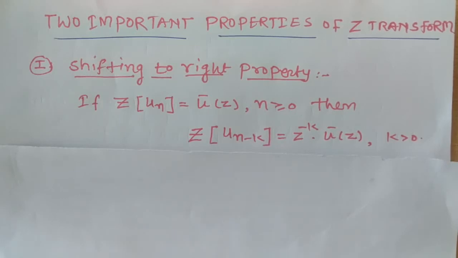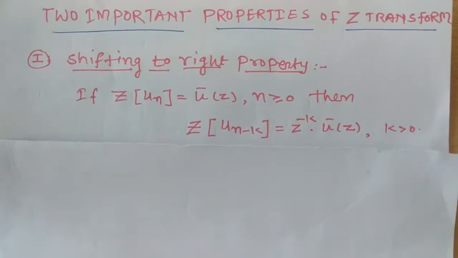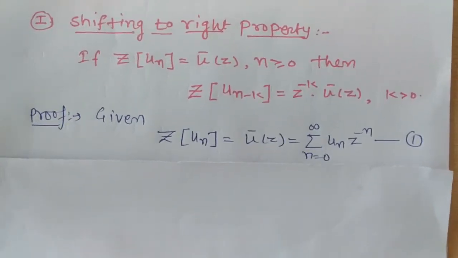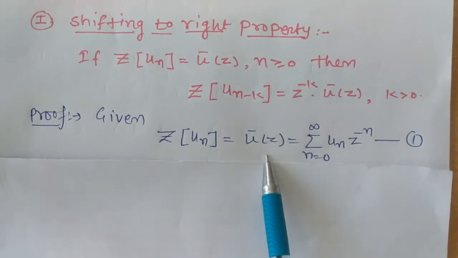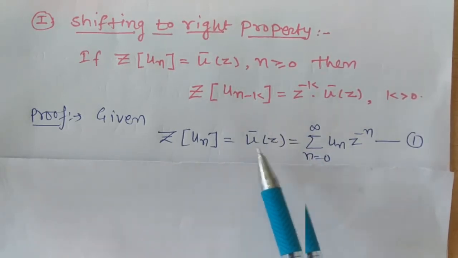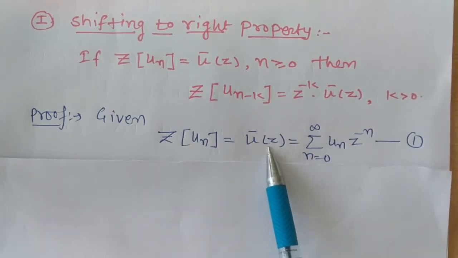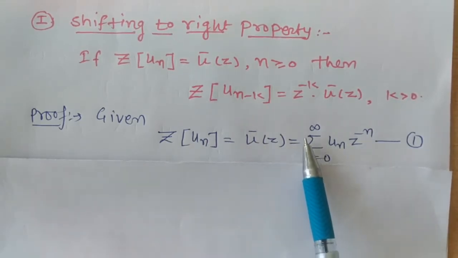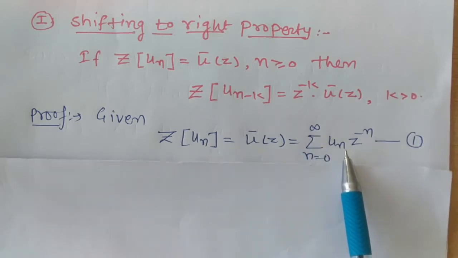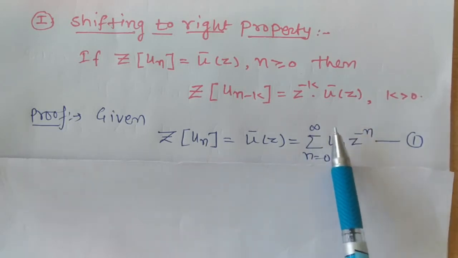Now I am going to establish this result. Given the Z transform of u_n is u bar z for n greater than or equal to 0, which is given by the summation n goes from 0 to infinity u_n into z raised to minus n.